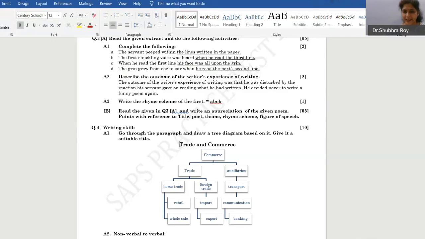Arrows are missing here because of the format. But when you are drawing it in your paper, please see that you put arrows. Otherwise, it means nothing when you draw a tree diagram without them.